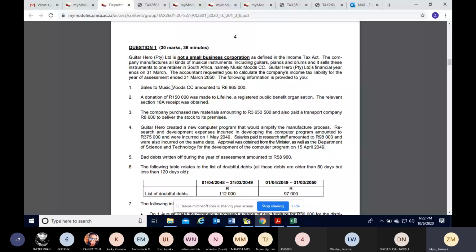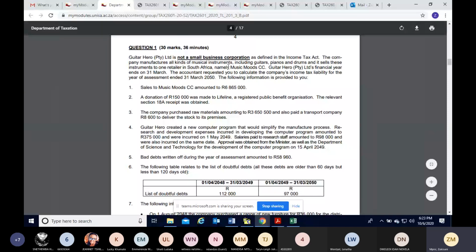Is it a micro business? Or is it an ordinary company? That's the important thing. Because if you are calculating a tax liability, you need to know what tax rate is applicable for that particular taxpayer. So in this case, it's a private company. You are told that it is not a small business corporation as defined.